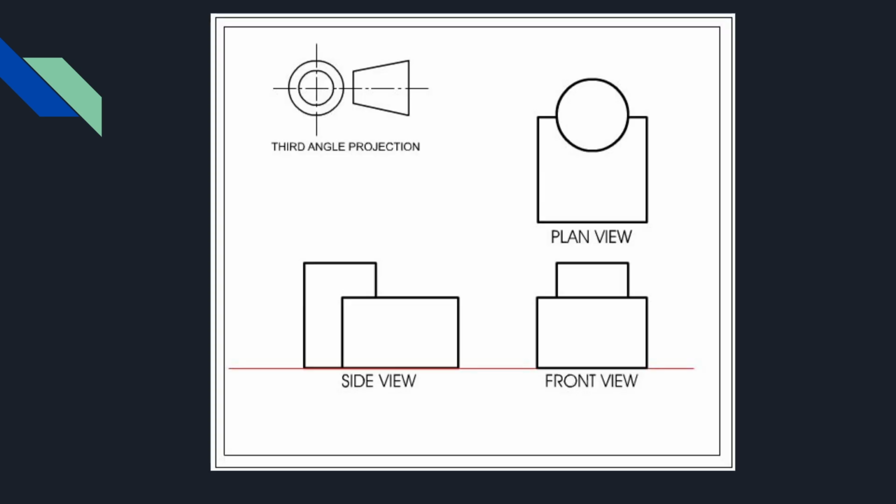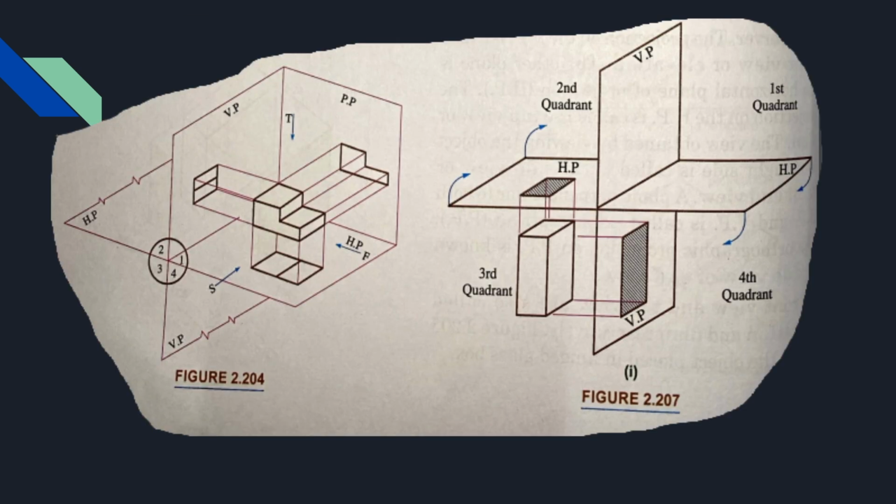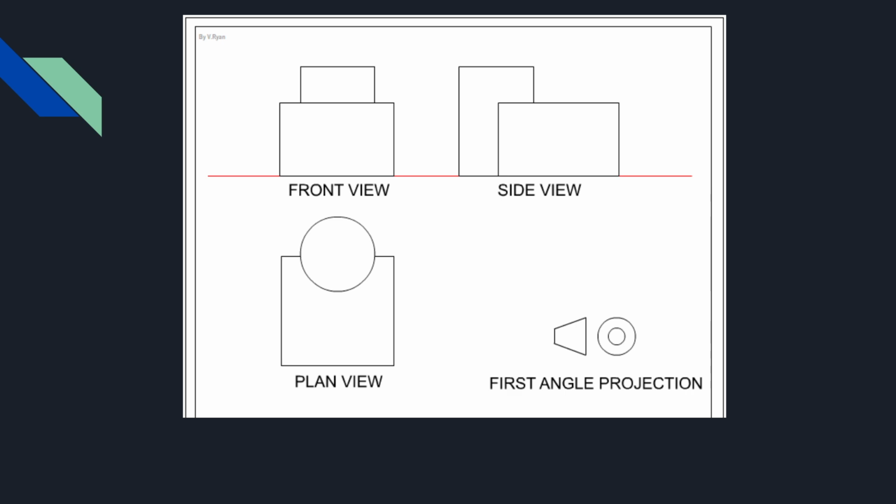So I would recommend that you actually memorize the positioning of the views, right? And most likely we're going to be using this one, which is the first angle projection, right? For CXC in the paper 2 as well, they mostly use the first angle projection.